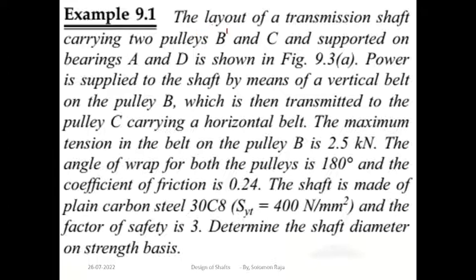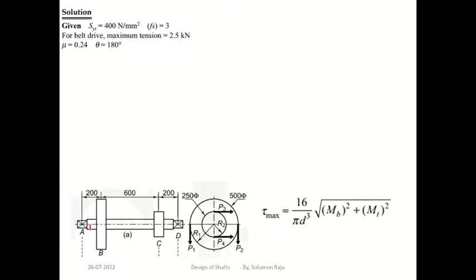The layout of a transmission shaft carrying two pulleys B and C and supported on bearings A and D is shown in the figure. Now you can see this picture.